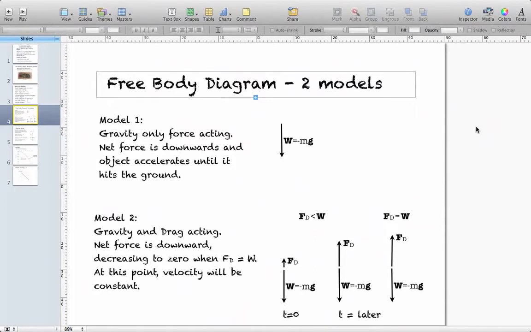After a short time the drag force will be quite small, but later during the motion the drag force will increase because the velocity also increases, and we'd expect it to counteract the force of gravity, and we should see the object falling with a constant velocity.